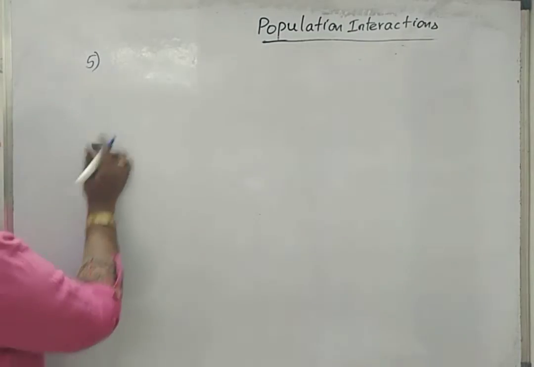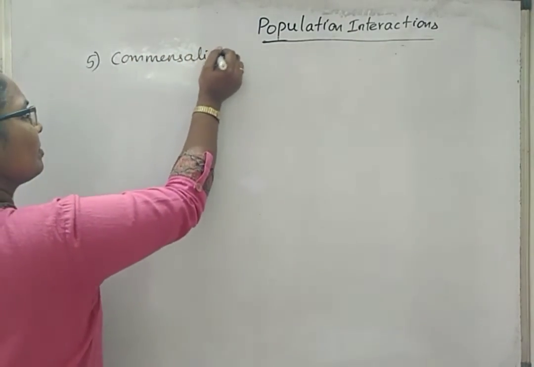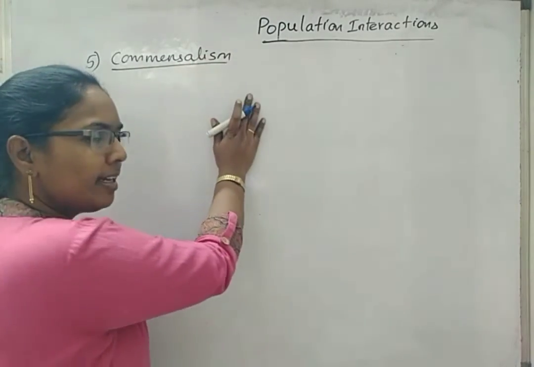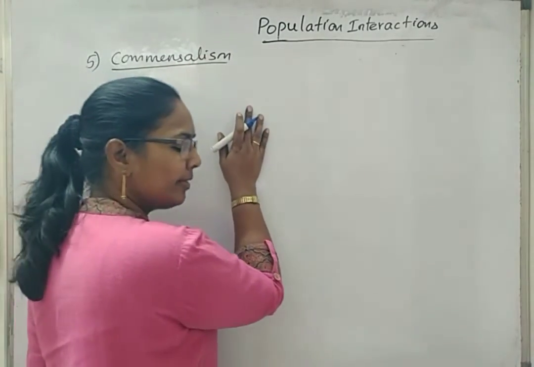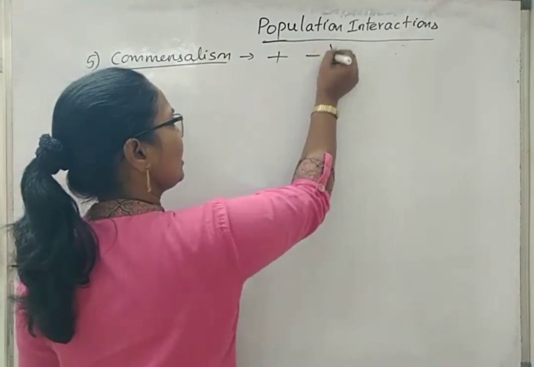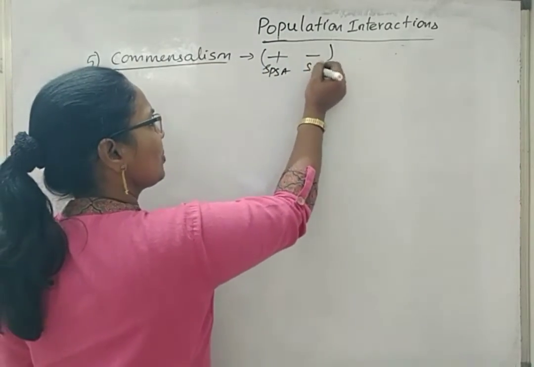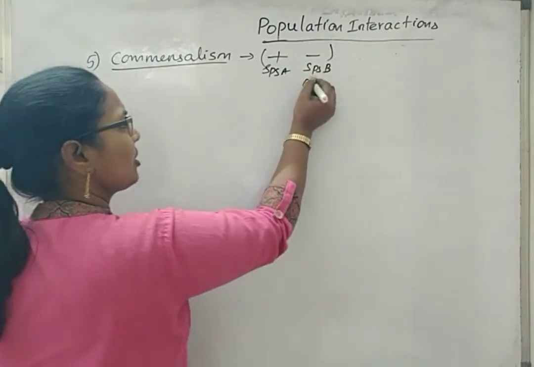Next type of population interaction is commensalism. Here, one is benefited, the other is neutral. It is neither benefited nor harmed. So here we see two types of cell. This is species A and this is species B, which is neutral.